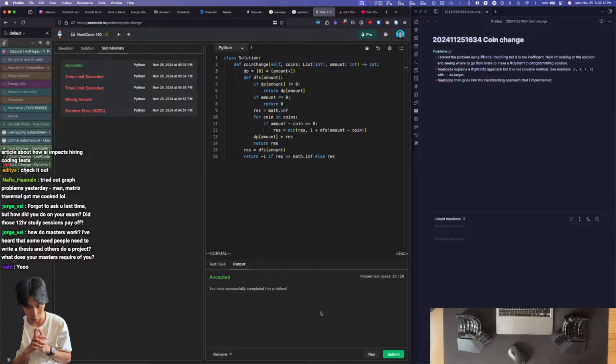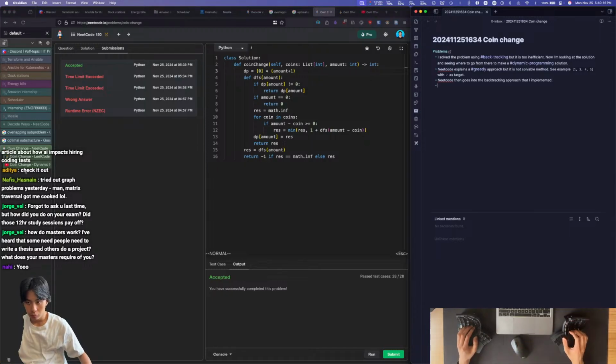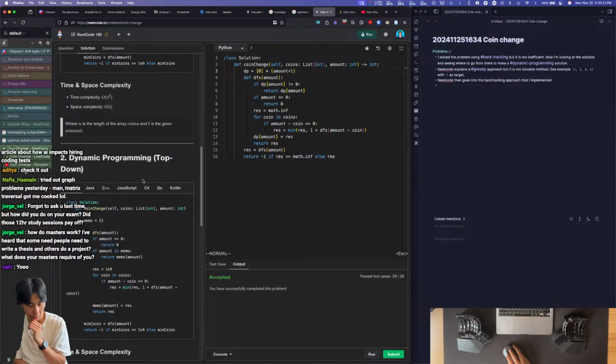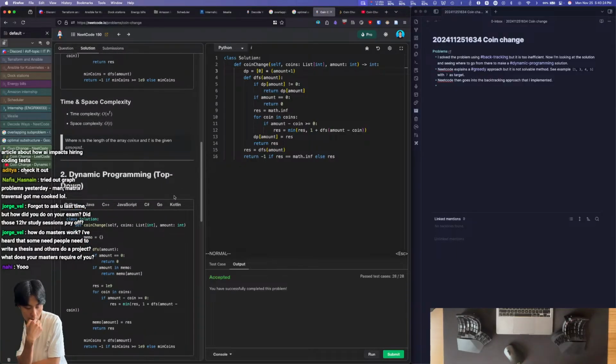This is what DP is made for. I understand it. However, that was top-down DP. Let me just look at that solution for that. Top-down DP. Yeah, it's literally that easy as an addition.